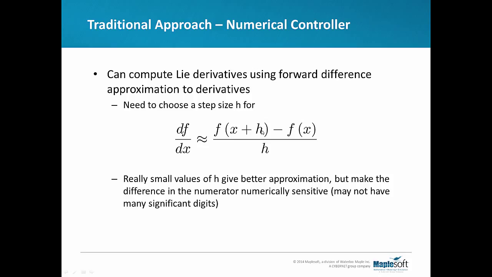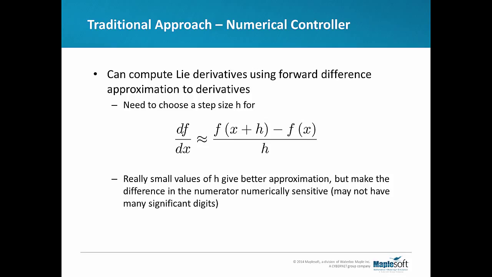So you have to guess some value of h for which this fraction gives you a good approximation of the original derivative. Really small values of h in the limit give you a really good approximation of the derivative, but it means that you're subtracting two values of f that are almost the same.